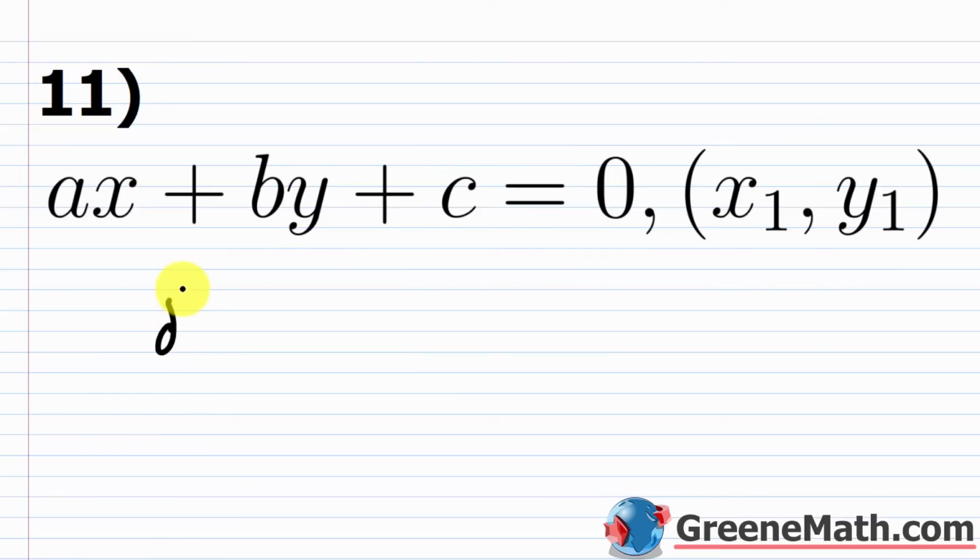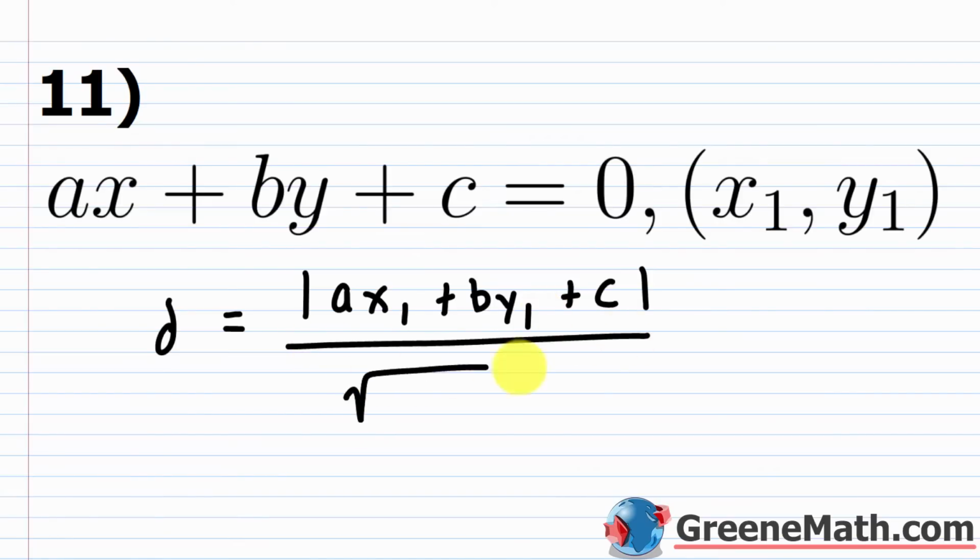So the distance between this line and this point is equal to the absolute value of ax sub 1 plus by sub 1 plus c, and this is over the square root of a squared plus b squared. So a very easy formula to work with, but the idea here is we're going to show where it comes from.